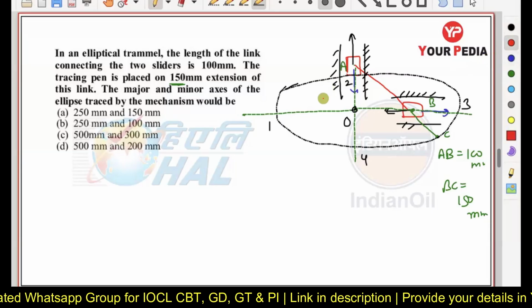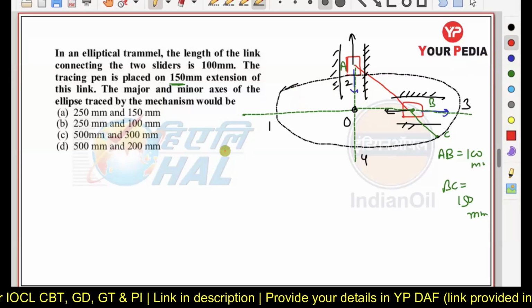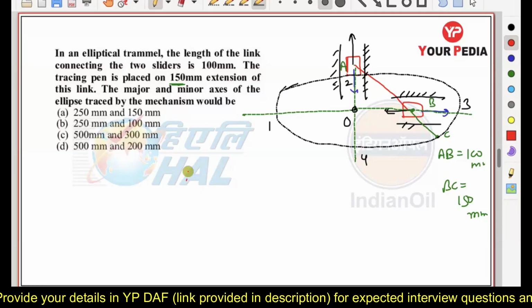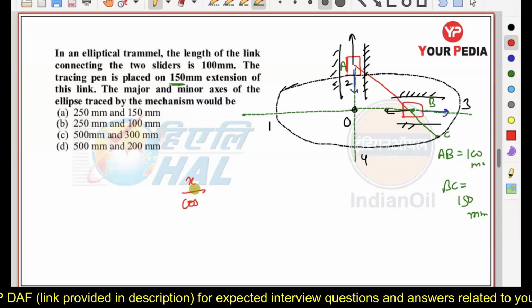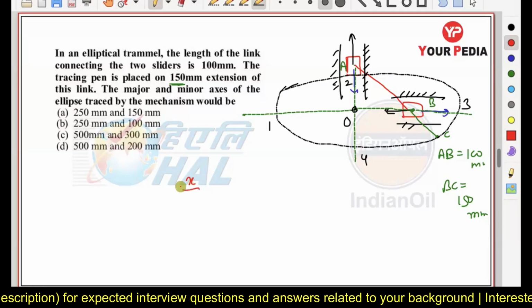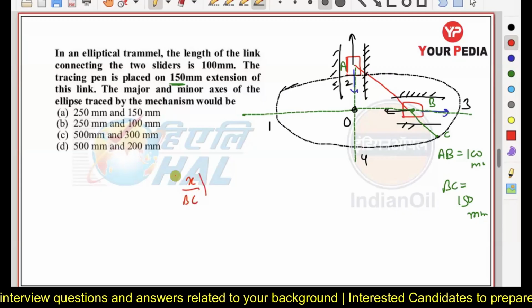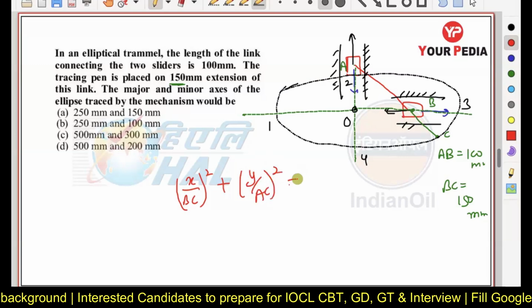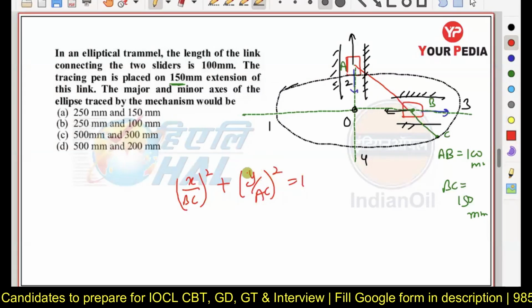What is happening actually? We have a relation like X square upon BC square plus Y square upon AC square equivalent to 1 here.